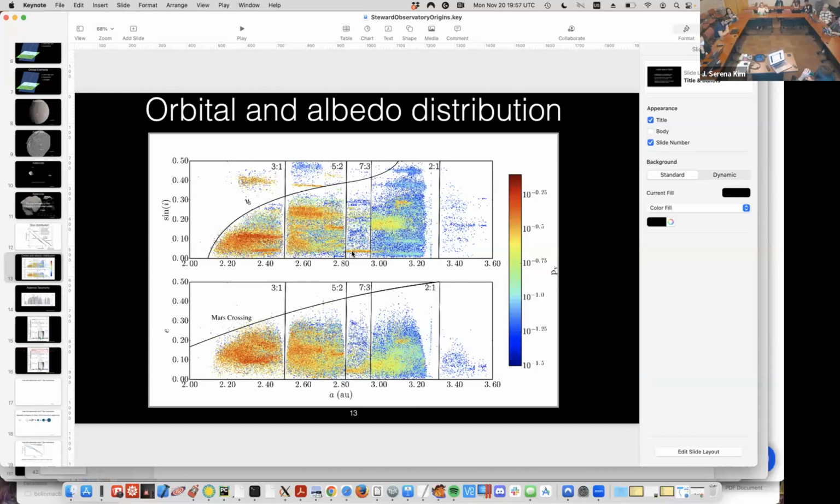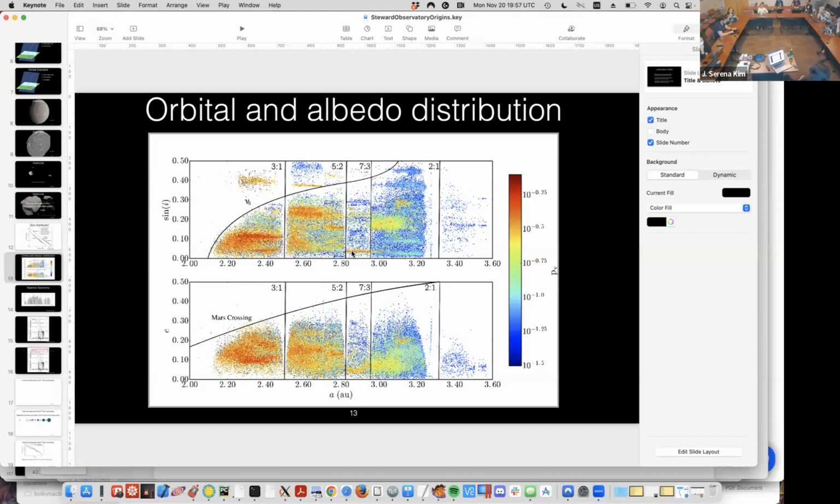So Andrew's question: from the collisional families, can the time evolution of collisions be constrained? For example, more collisions early on, or is completeness a problem here? In chat.